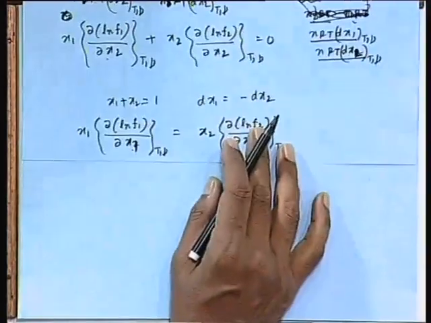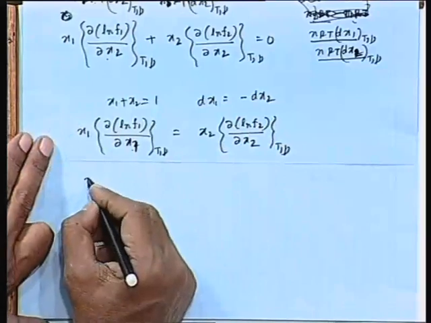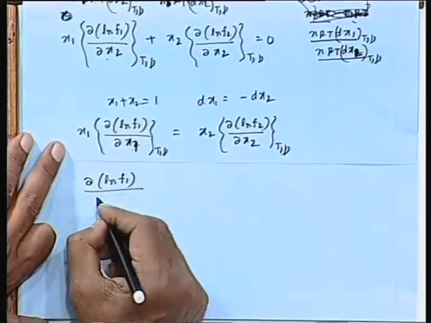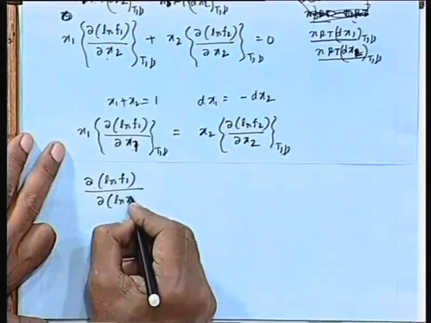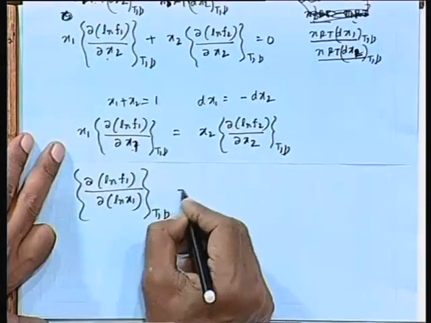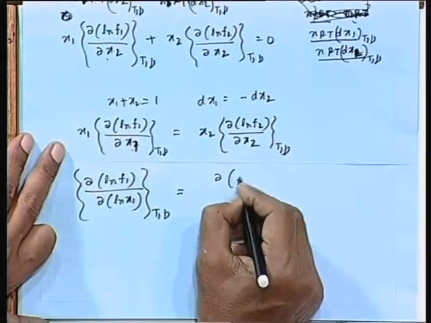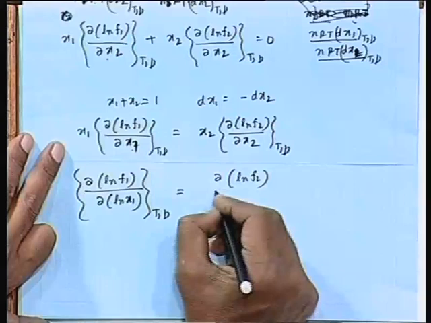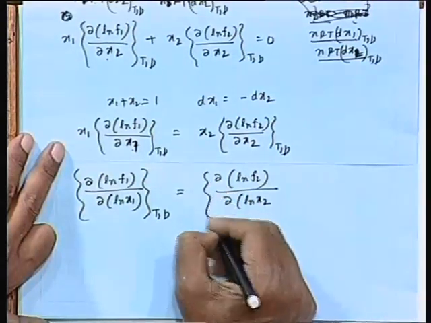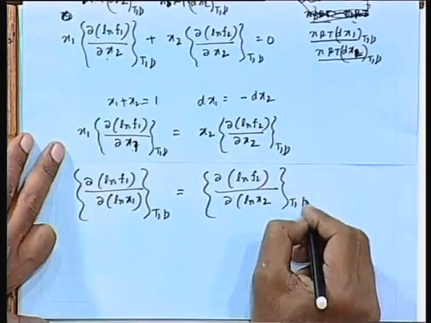Now if I take del x1 by x1, this can be written as del ln F1 by del ln x1 at constant temperature and pressure is equal to del of ln F2 divided by del of ln x2 at constant temperature and pressure.